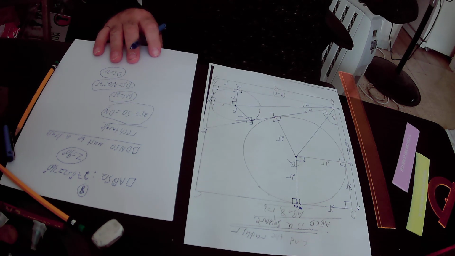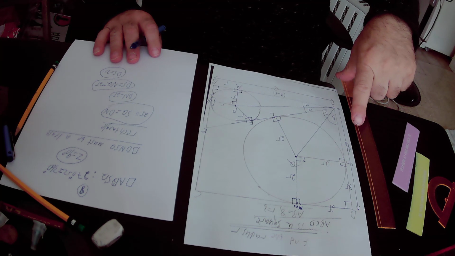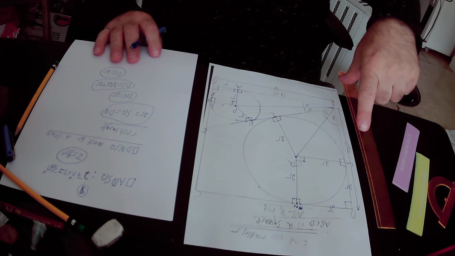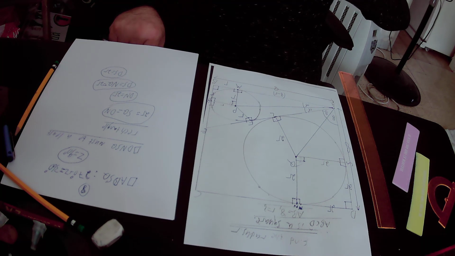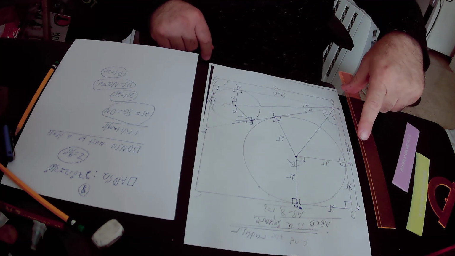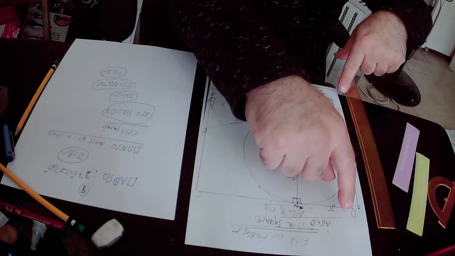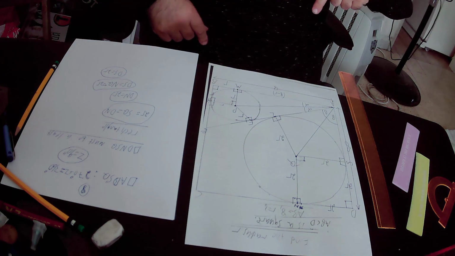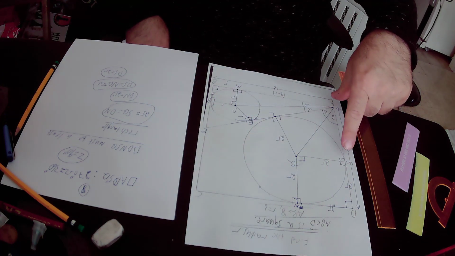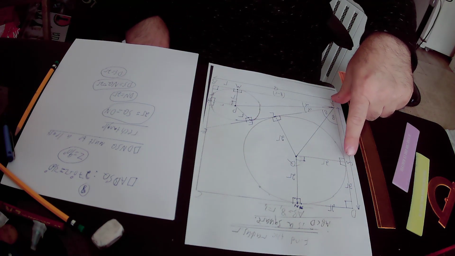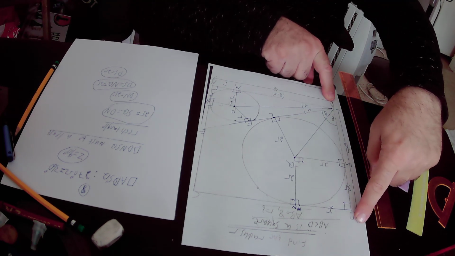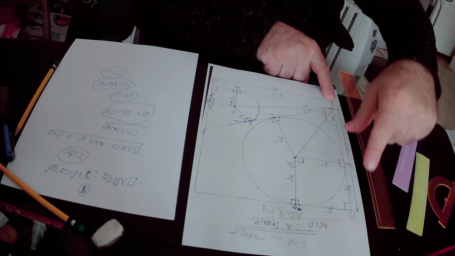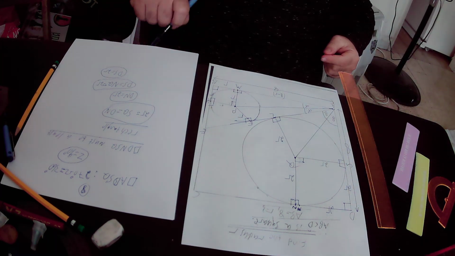So what is the size of SA? Actually, SA equals DA minus DS. Okay, so I'll write it down.